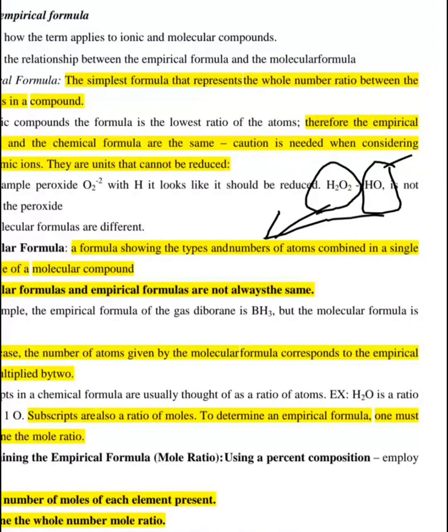And next, the molecular formula and empirical formula are not always the same, as I have explained here. The number of atoms given by the molecular formula corresponds to the ratio multiplied by 2, or 6. So this is the molecular formula of hydrogen peroxide, and this is the empirical formula.